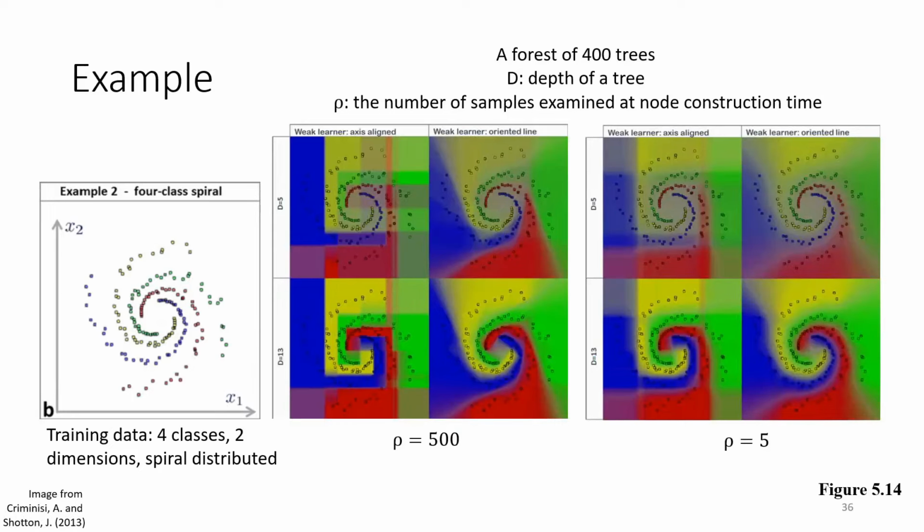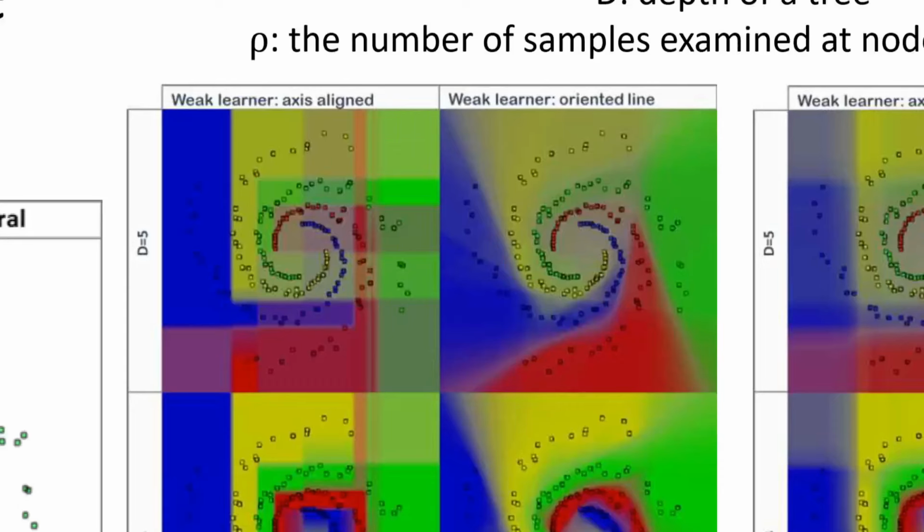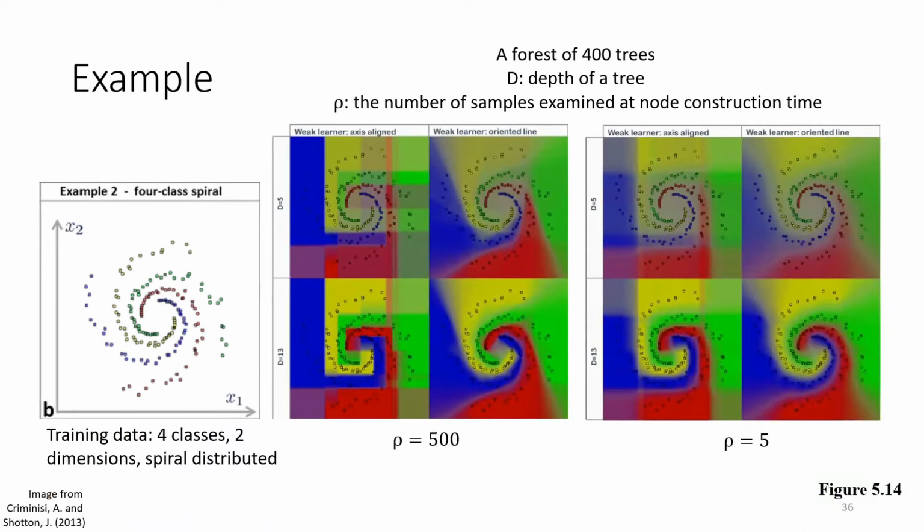If we allow the split to be an oriented line, you can see it's somehow like this. Because we allow the split line to be oriented, it creates a different boundary here. This is the result of the oriented line.